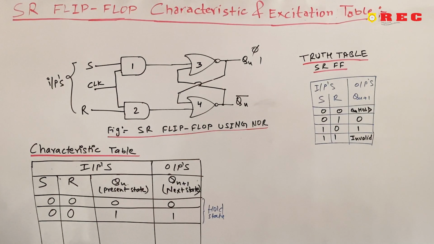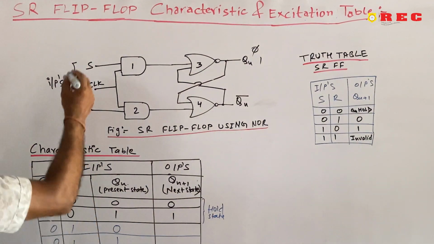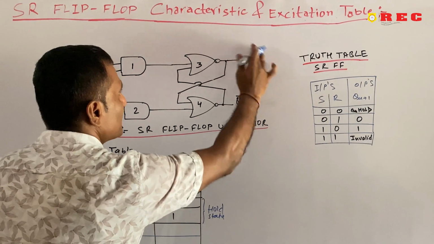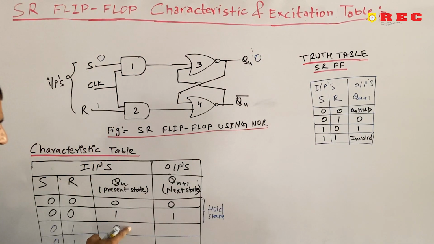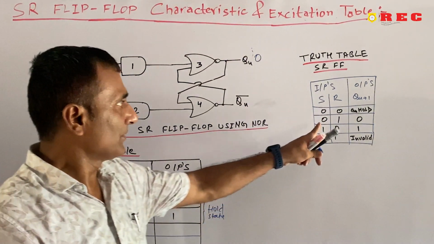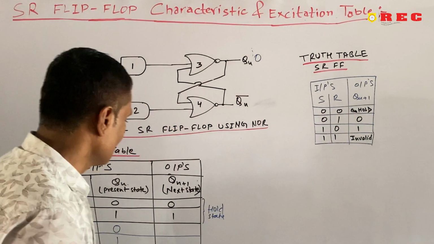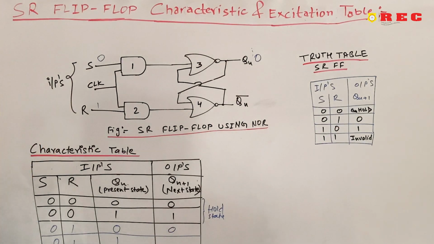Now see the next, if S is equal to 0, R is equal to 1. Again I am making two lines for 0 and 1, suppose one time it will be 0 and the next time it will be 1. What will happen? So when this is 0 and this is 1, by the help of truth table, for S equal to 0 and R equal to 1, we got 0.